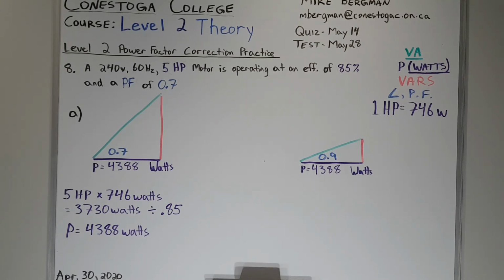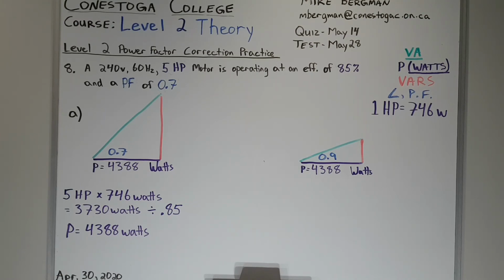Now, because the motor has a certain amount of inefficiency because it's an inductive load, so we're going to have some inefficiencies. It's 85% efficient, which is okay. So it's going to require 4,388 watts in to get 3,730 watts out.